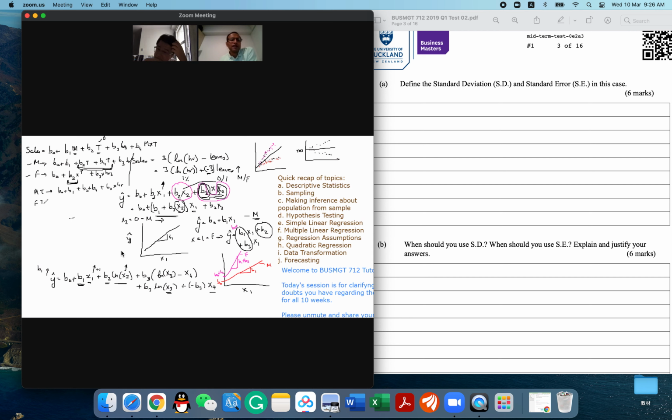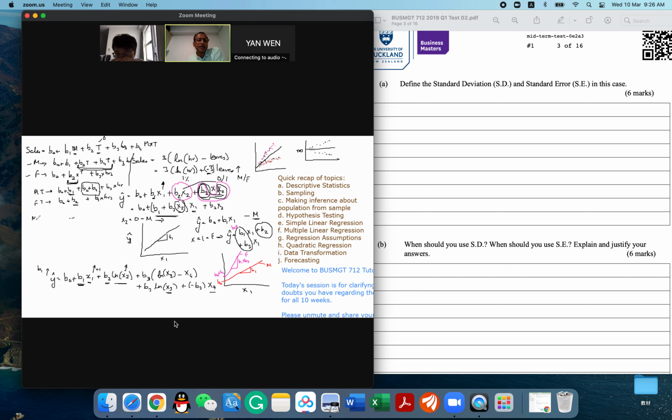Whereas if it's a female with training, then this becomes B0 plus B2 plus B3 times hours. So do you see a difference between training for male versus training for female? So female training is increased by this amount, whereas male training is increased by this amount, besides this one which is already based on male or female, right? So this is an additional impact that you see which is happening for training which is given to males.